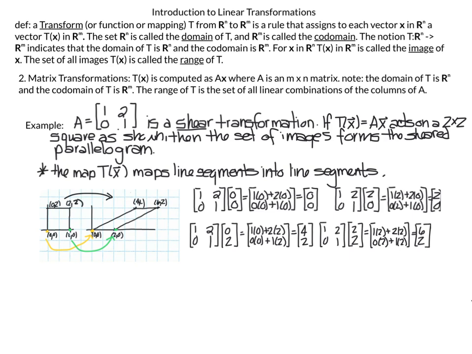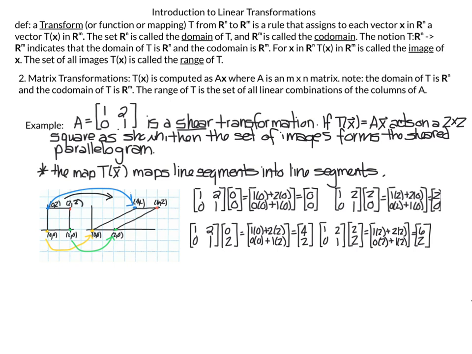So next I'm going to look at 0, 2. I plug 0, 2 in, and what I get is 4, 2. So this point here gets mapped over to 4, 2. And finally, I have my point 2, 2. This far off corner gets mapped to 6, 2, which is over here. I'll do this in red.